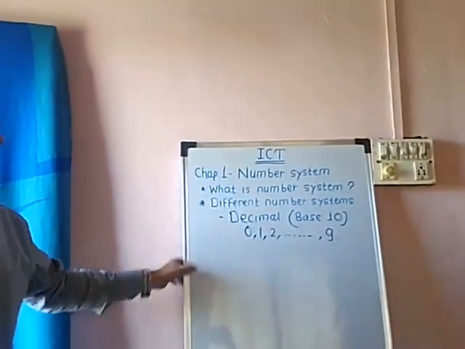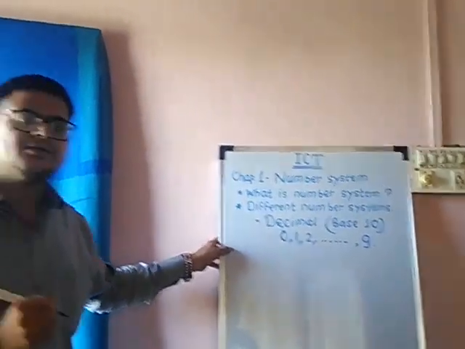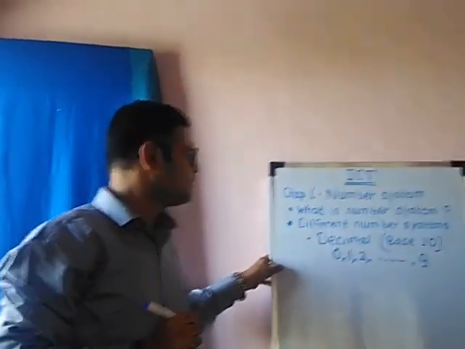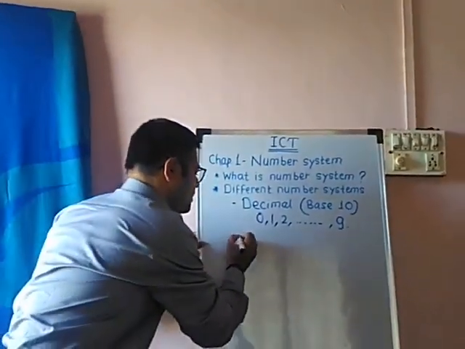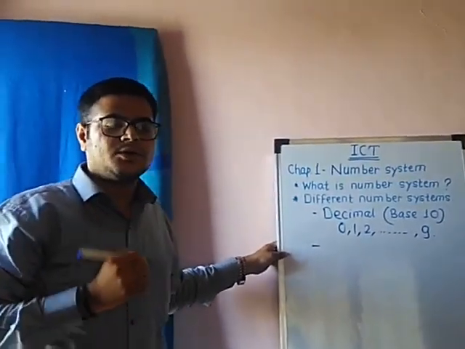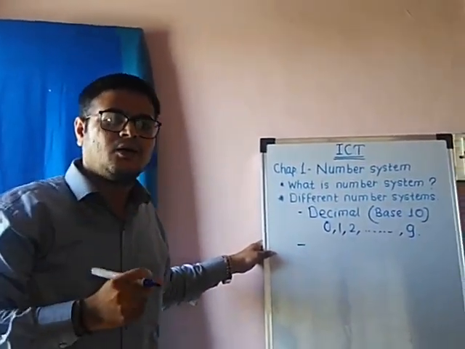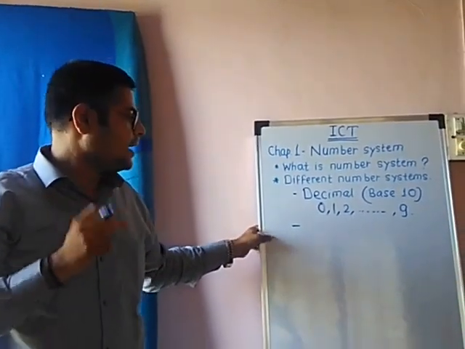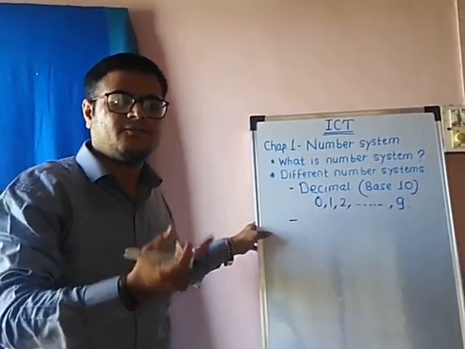Alright. The next number system is the binary number system. This number system is used by the computer. So when you type A on a computer, the A will be processed as a binary first.